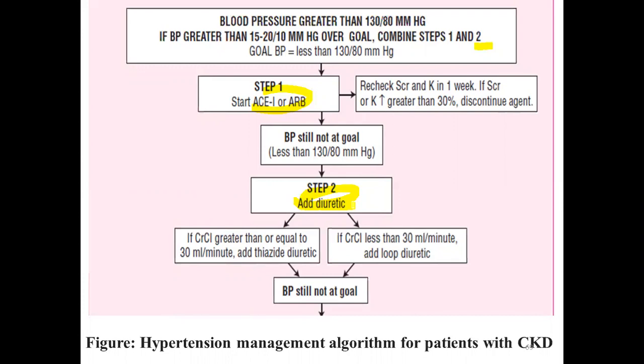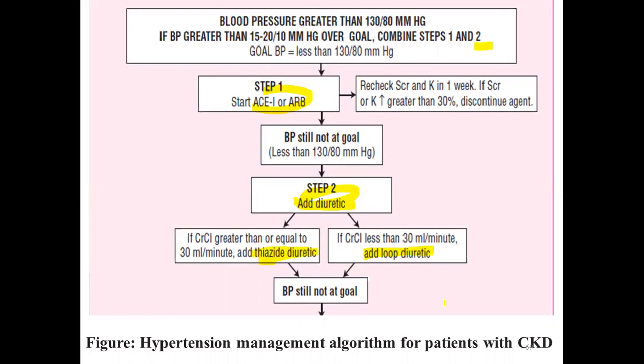But remember, as I mentioned, if the creatinine clearance is less than 30 ml per minute, thiazide diuretics are not very efficient to remove excessive fluid. If the creatinine clearance is greater than or equal to 30 ml per minute, we can use thiazide diuretics, so thiazide diuretics are a drug of choice.